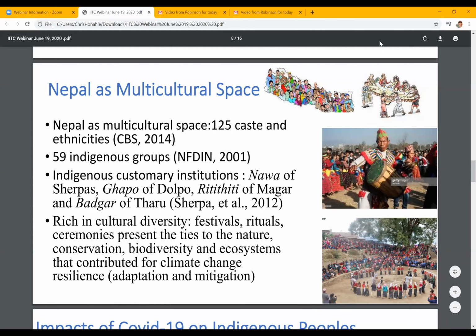All the indigenous peoples have their own customary institutions, and these contribute to our cultural diversity, to the conservation and management of resources, and ultimately to climate change resilience. But the problem is that these institutions have never been acknowledged by the legal provisions, policies and programs in our country. And this is a must.